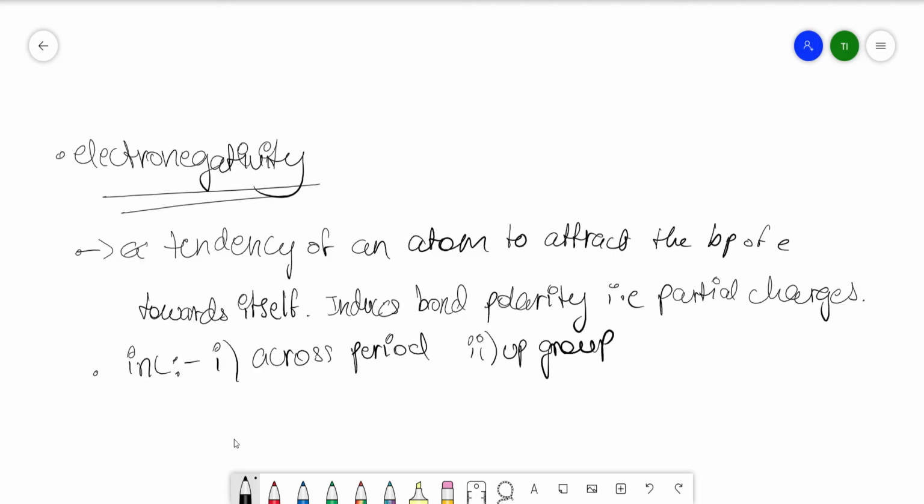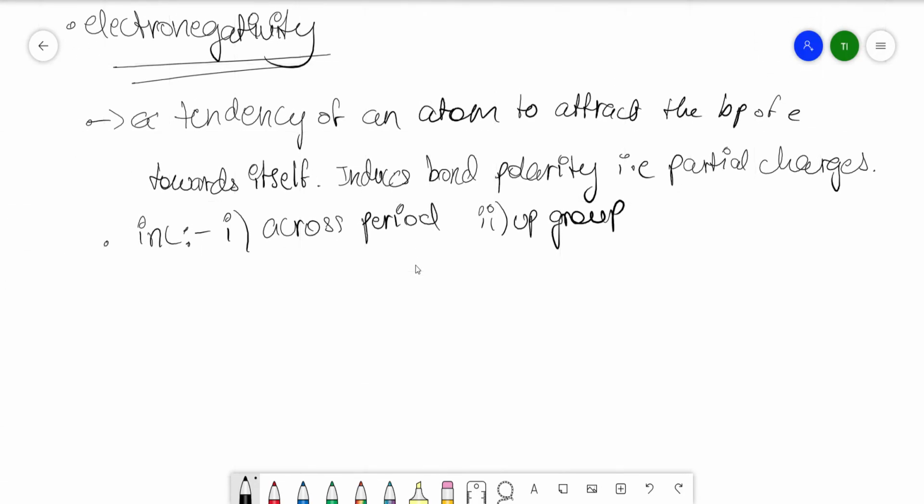And it even makes sense if you think about it, because electronegativity is the tendency to pull the bond pair towards itself. So across the period, there is greater nuclear charge, so greater nuclear attraction. Up the group, there are fewer shells, so less shielding effect, and therefore a stronger nuclear attraction of the bond pair towards itself. So it makes sense if you think about it in that way. And that's basically what electronegativity is.